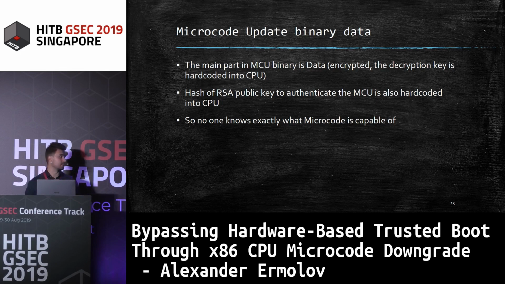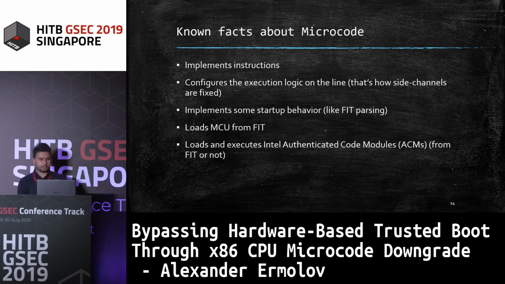These are the reasons why no one can modify the update, and because it is encrypted, no one exactly knows what microcode is capable of. However, there are some known facts about microcode. It implements instructions, like I said before. It configures the execution logic on the fly, and that's how the famous side-channel vulnerabilities are fixed.